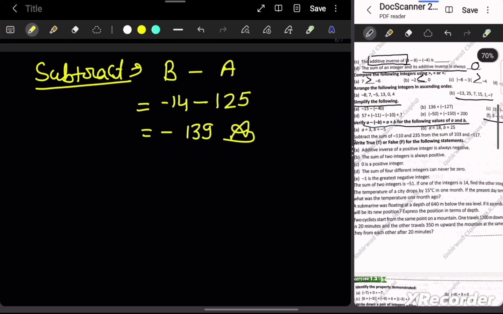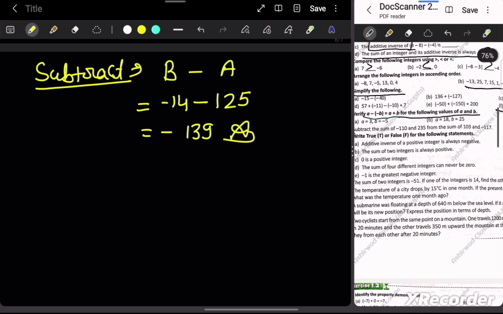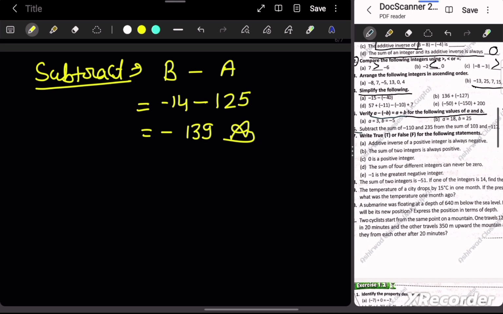Question number 7, let's do it here. Additive inverse of a positive integer is always negative. Additive inverse of a positive integer is negative. Here, like that, a and the negative integer is minus a. Answer is true. Next, the sum of two integers is always positive. Sum of two integers, like that, a and minus b.